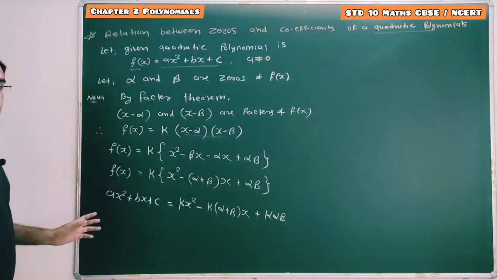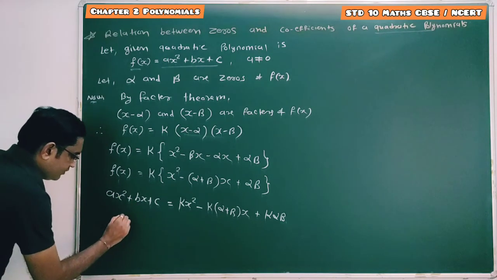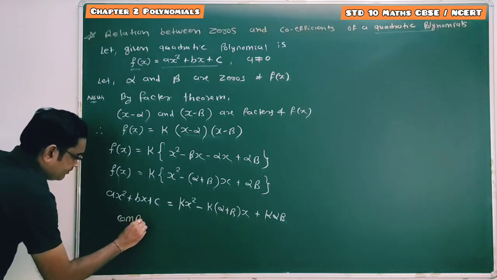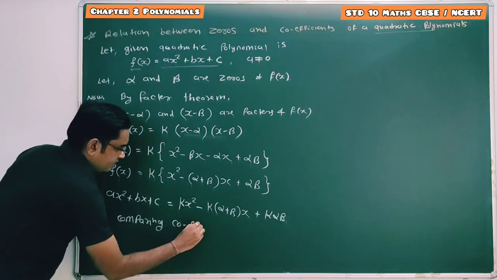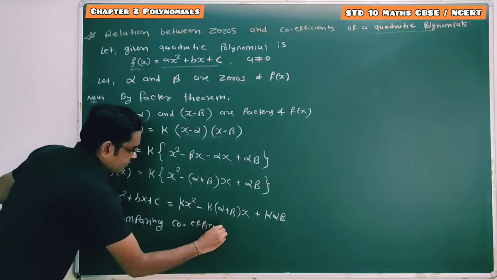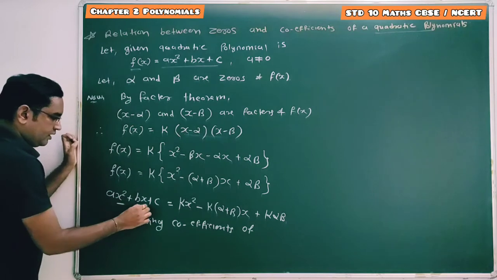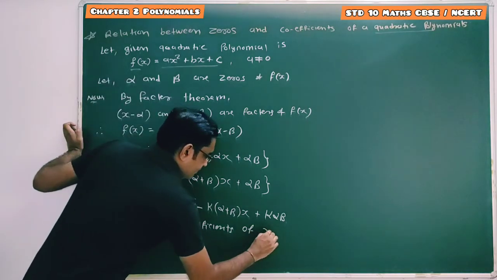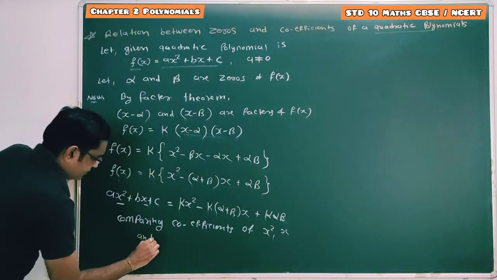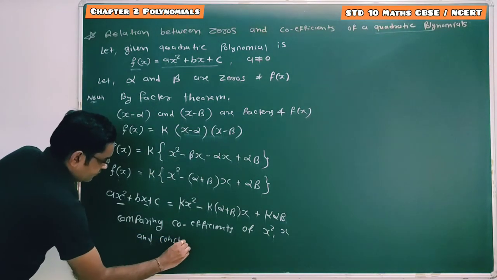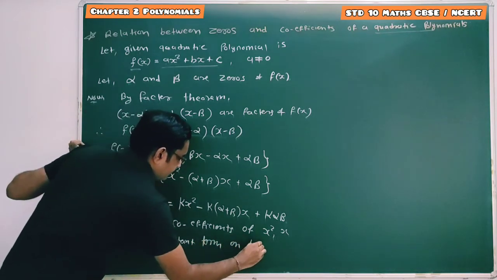Clear students? Now comparing the coefficients on both sides, comparing the coefficients of these three terms, x square, x and constant term, on both sides.